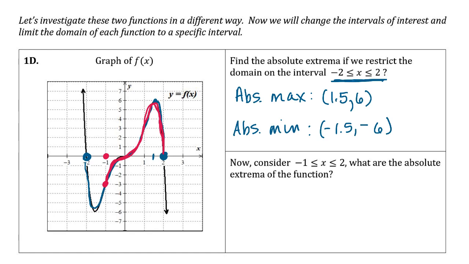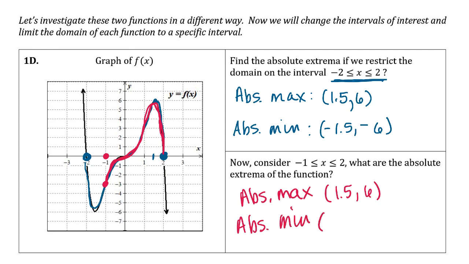Now we see that the absolute max is still going to be the same value here because we still had that point inside the given interval, but then our absolute min has changed. The absolute min is now going to occur at negative 1, negative 3. And again, that's because we've changed that interval.